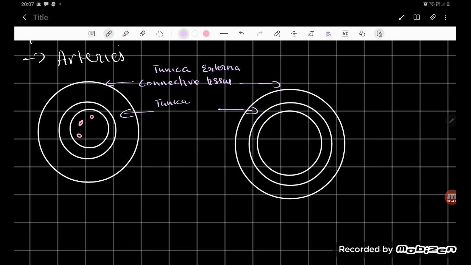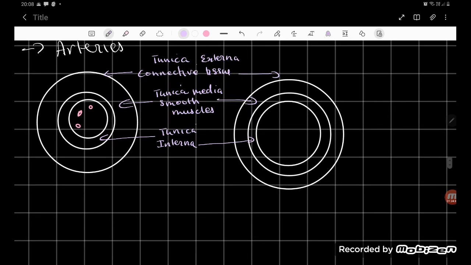Then tunica media, which is smooth muscles. Yes, these are smooth muscles. And tunica interna, which is endothelium. The hole in between is called the lumen.